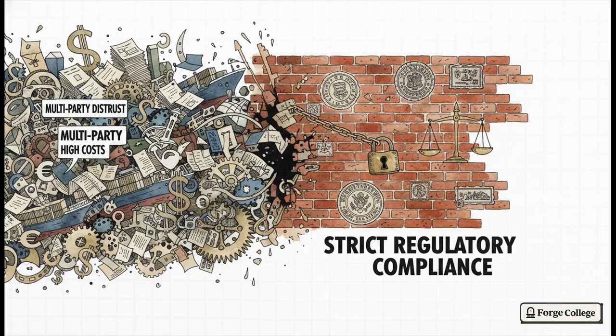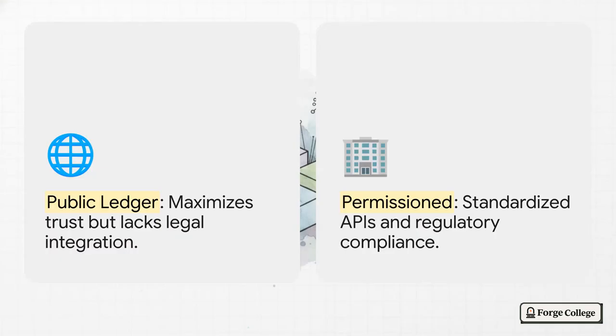in our blockchain fundamentals track at Forge College, you're going to run headfirst into a massive structural wall: strict regulatory compliance. You see, you can't just deploy a Wild West public ledger when global financial rules demand strict identity verification and localized data controls. It creates a massive architectural dilemma.